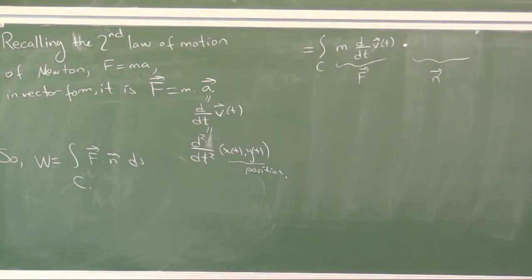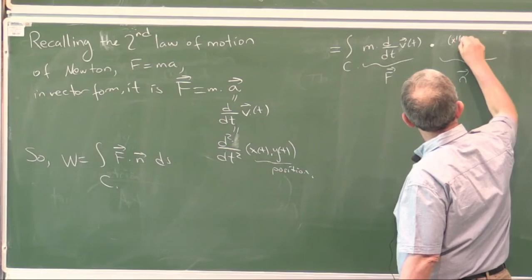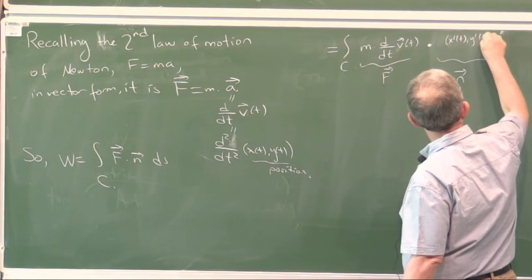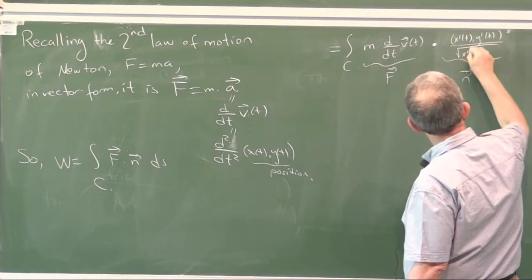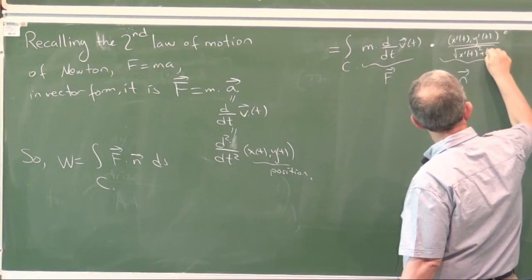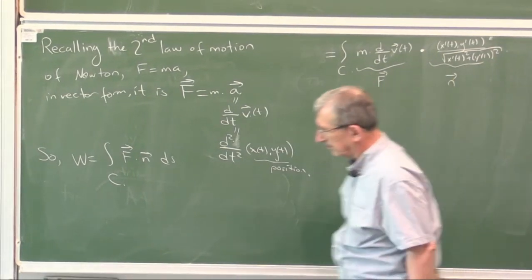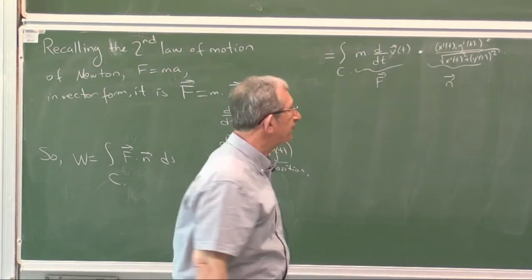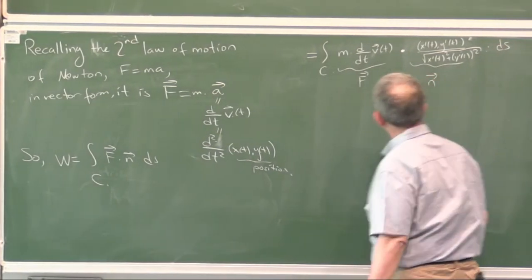Now, what was n? n was the derivative divided by the norm, the length. And then, of course, we had ds.